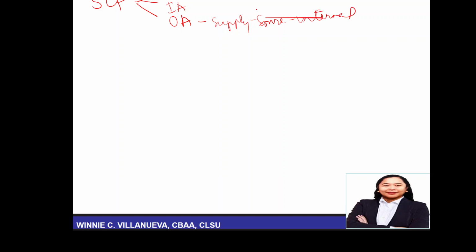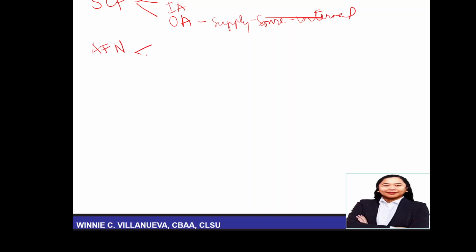Okay? And of course, financing would be external. Of course, investing would be an issue if you have excess fund. Diba? Okay. So, then, how am I going to look into AFN?